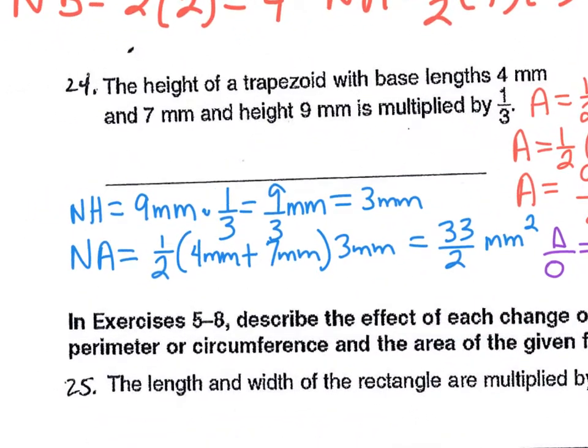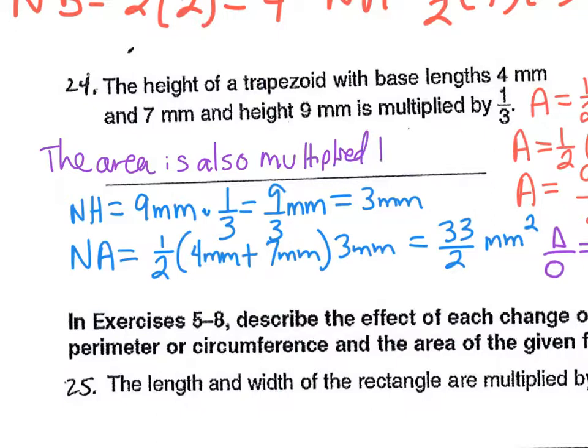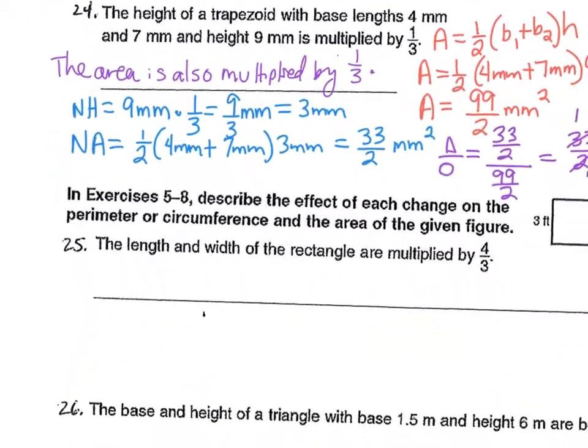The area is also multiplied by 1/3. And that's what you need to do: show what the original area is, the new area, do the comparison, and then make the conclusion, okay?